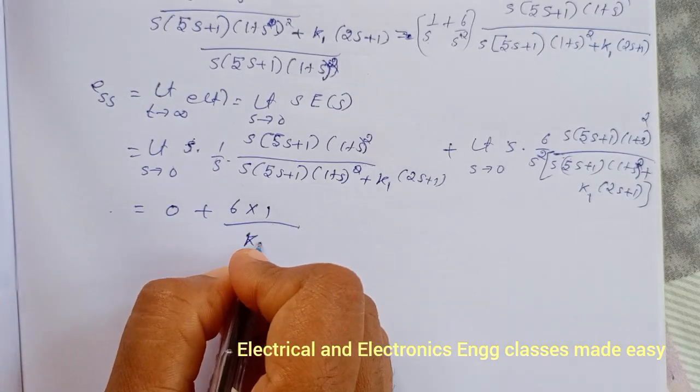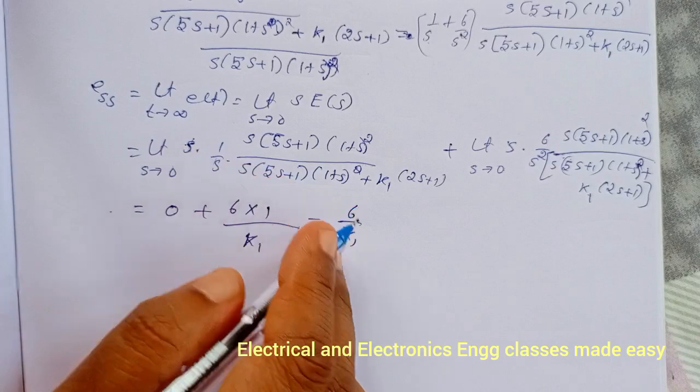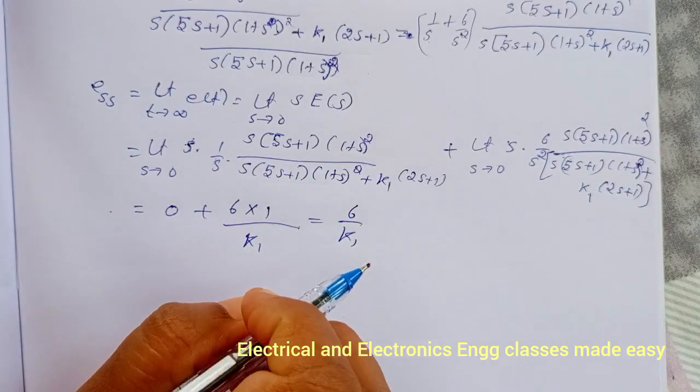So that is equal to 6 by K1, so ESS is equal to 6 by K1.